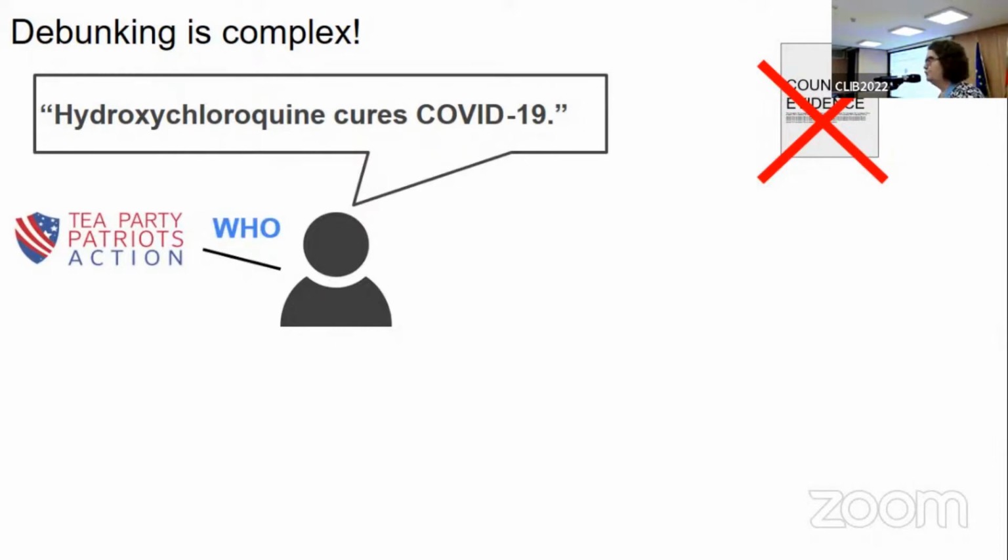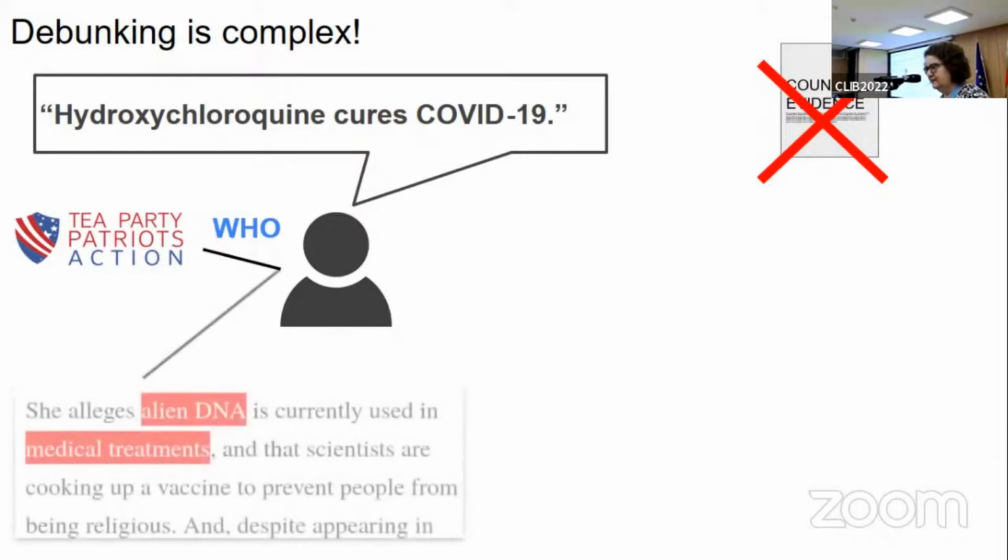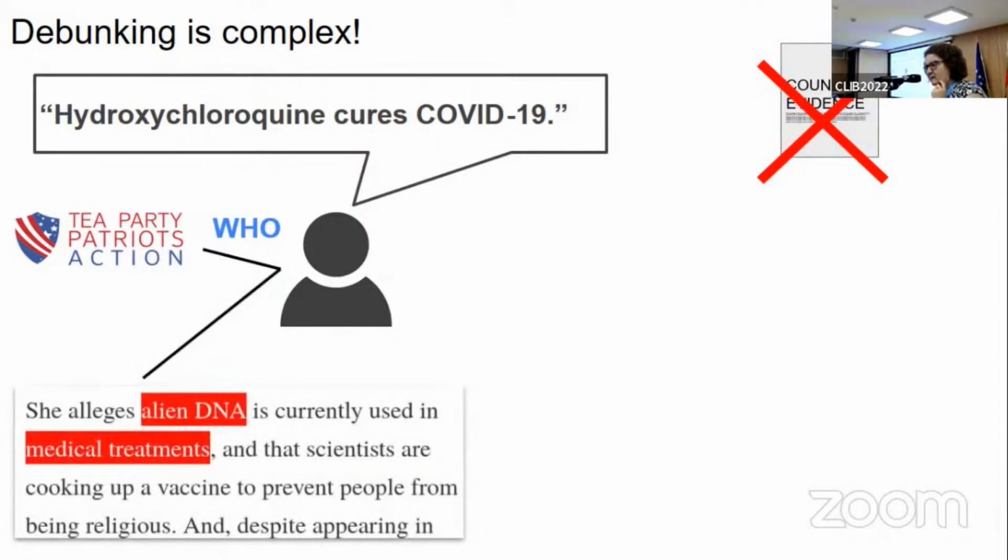They look at where the statement comes from, who is the source of this claim. And they find this is an organization which is known to spread conspiracy theories. Then they check further what the organization has on their agenda, and they have some political agenda which supports the anti-vaccine movement.